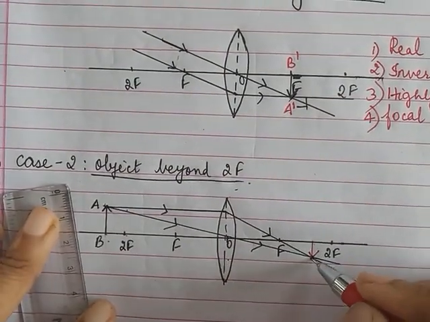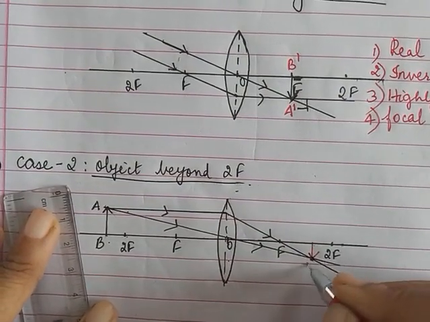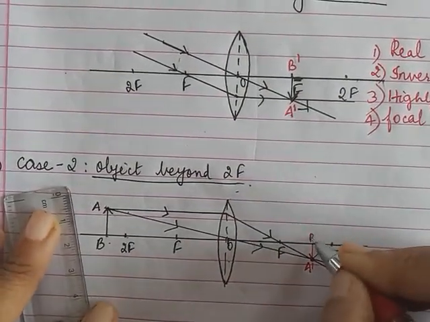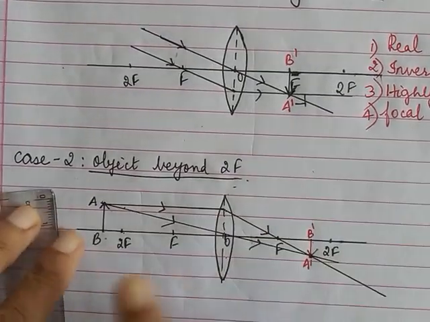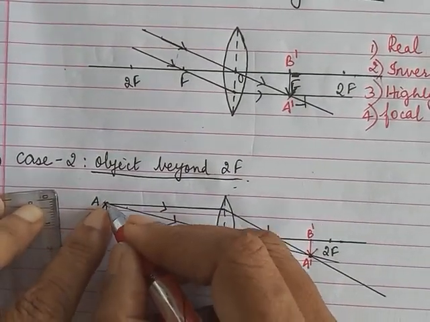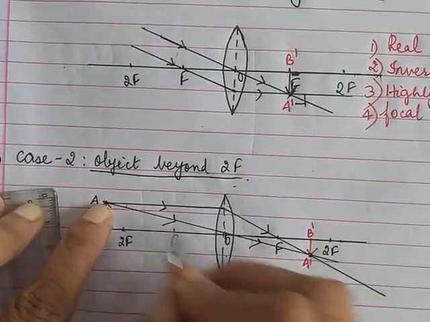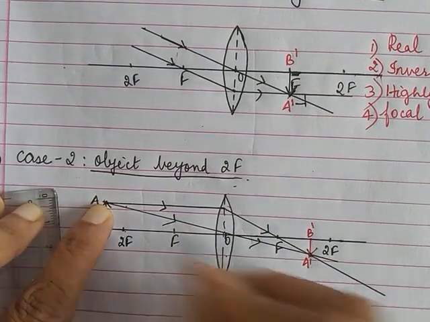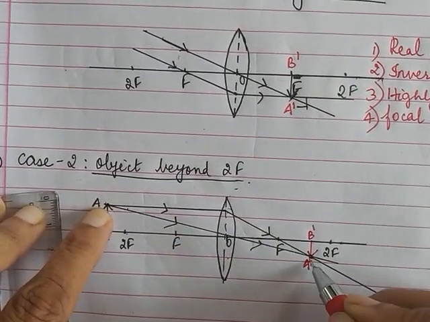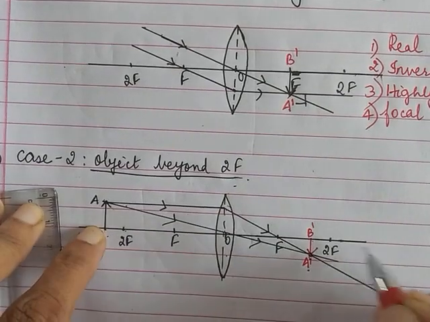Wherever they meet, that is where the image is formed, and this is A dash and this is B dash. Why? The image of this point is formed here, because the incident rays coming from here formed an image here. So A here, A dash here, and the image of this will be on the principal axis.